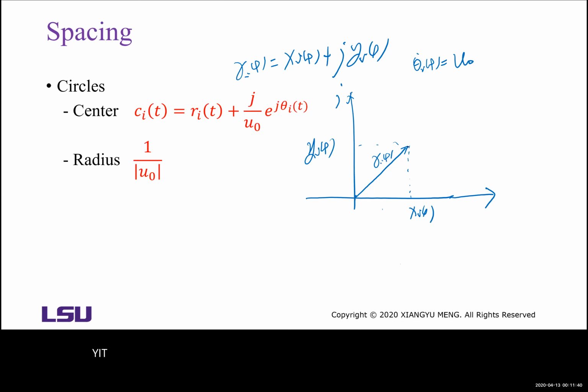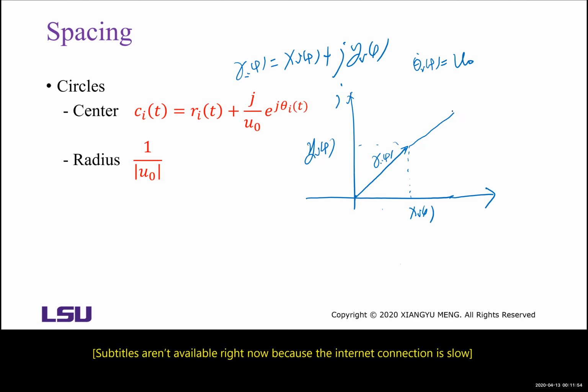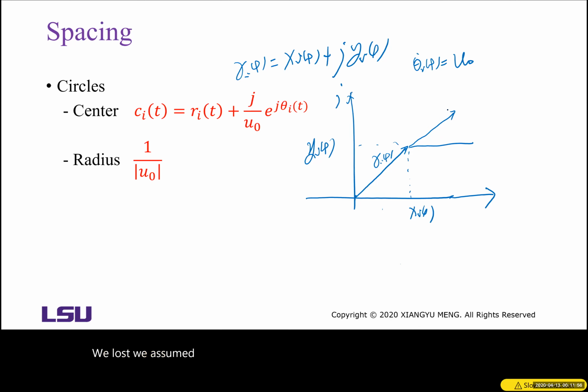Then we know the velocity. We assume the velocity is a constant, normalized to 1, with heading θi.